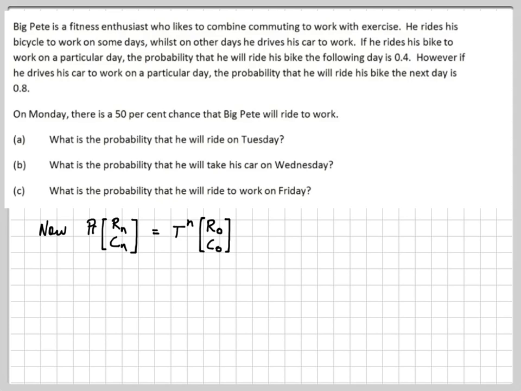There's only two possibilities. So we know that from last time that the probability of riding or taking the car on the nth transition is T to the n times the initial state matrix, yes? And we know that T is, now that looks a bit horrible, that thing in red there, don't worry. The rows on the left-hand side of the matrix are the current situation.